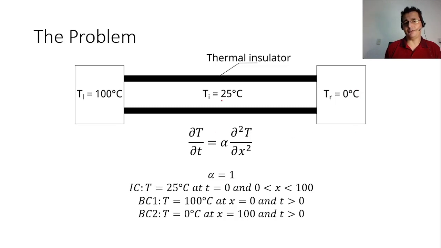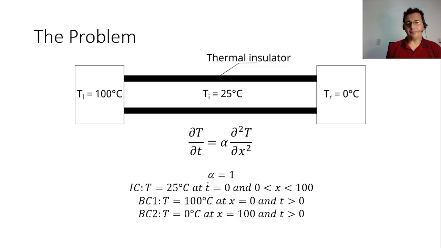And this problem is ruled by this partial differential equation with alpha, that is thermal diffusivity, equal to 1 without any dimension. The user can choose this and calculate a better value with his dimension analysis.